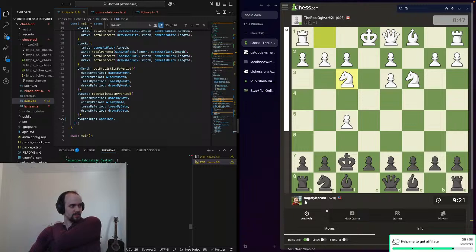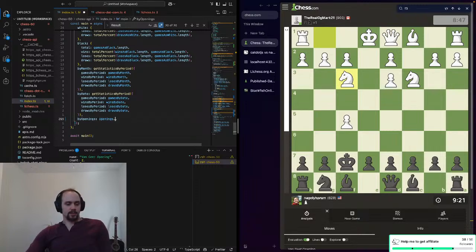The Zuckertort opening. And I do lose a considerable amount. Okay, that's interesting.